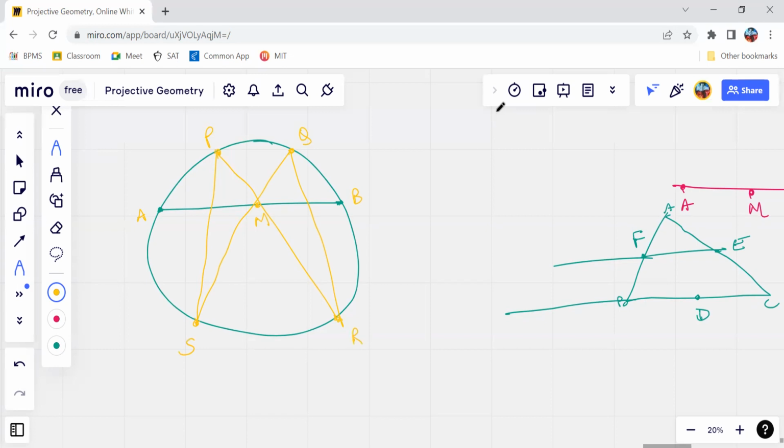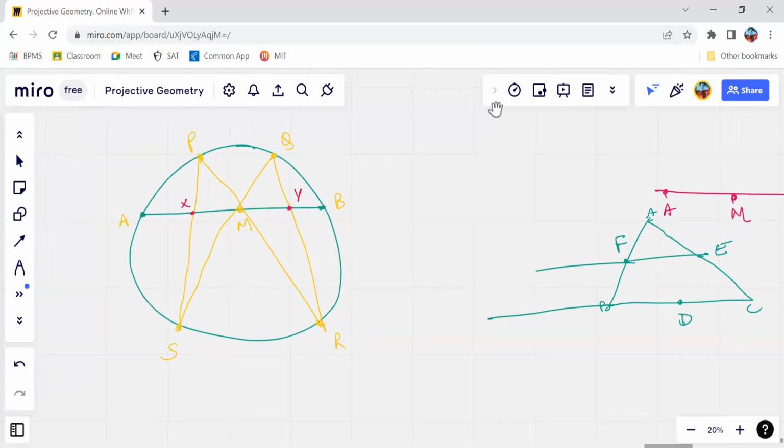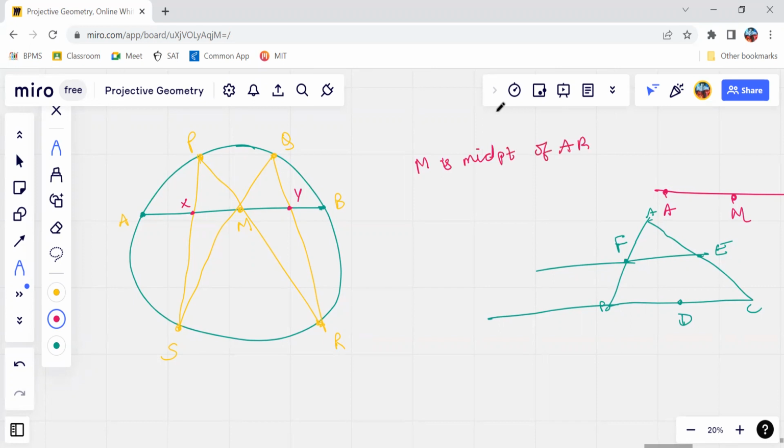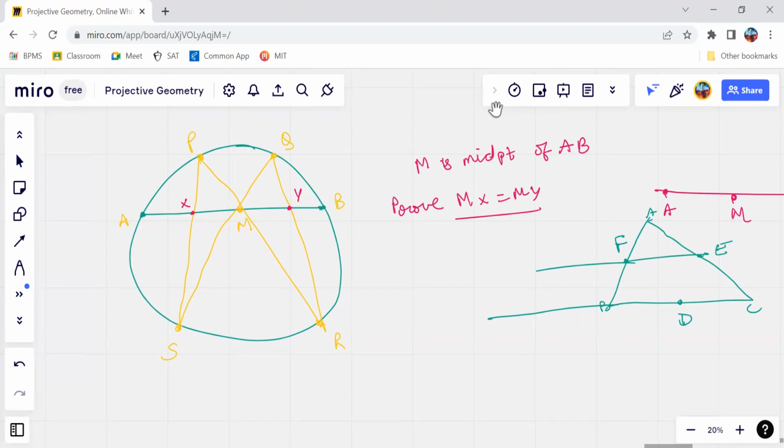We'll take 4 points P, Q, R, S. M is the midpoint of AB. Prove that MX is equal to MY. This is called the butterfly theorem because this looks like the wings of a butterfly.